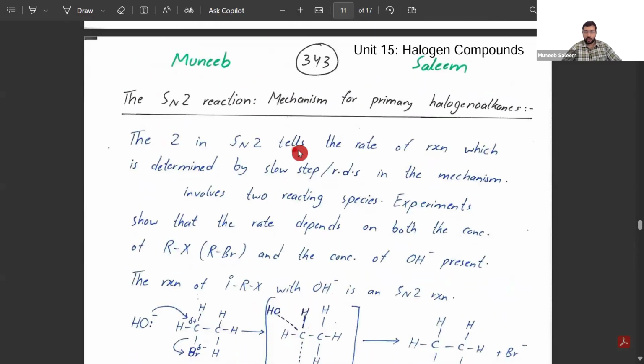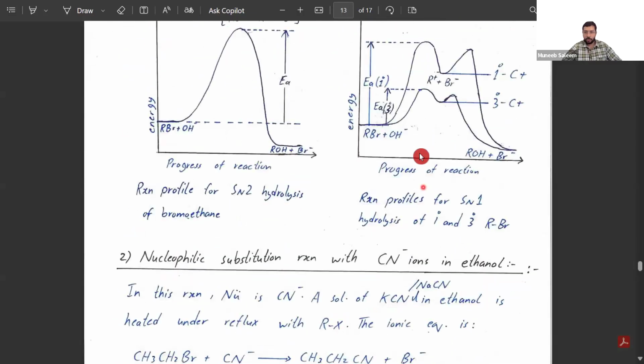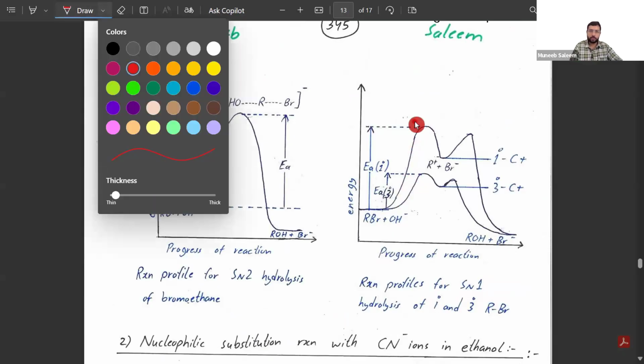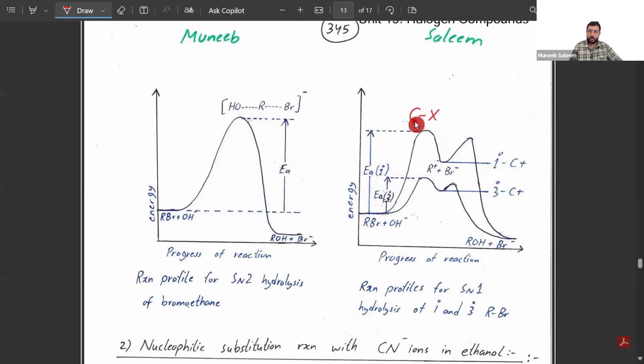Now, that can be represented in the reaction pathway diagram, in which the first step involves a very high activation energy because it involves bond breaking between the carbon and the halogen, and then this is the intermediate produced. When these two combine with each other, it goes through a comparatively smaller activation energy, smaller than the previous peak, and after going through, it produces the product.